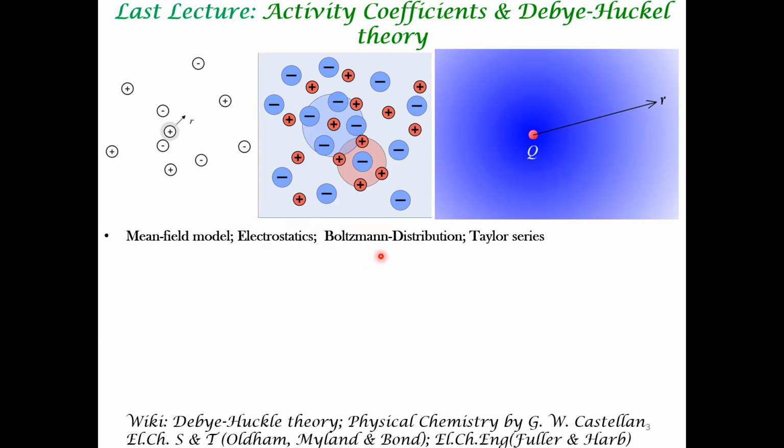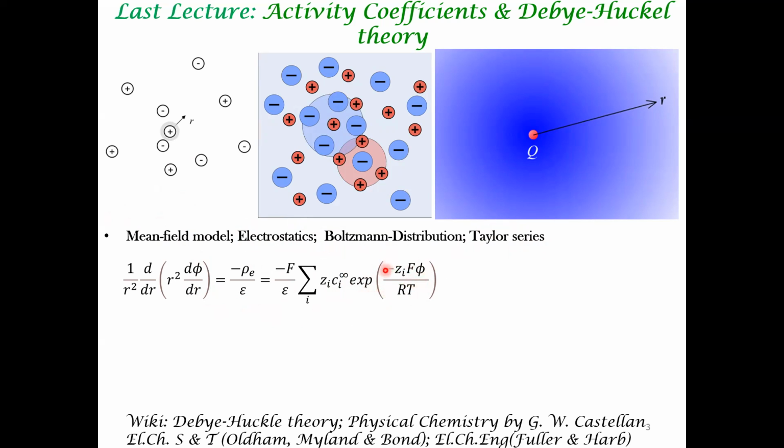And then to solve the problem analytically, we use a Taylor series. These are the central features that go into the formulation of the Debye-Hückel mean field model. Because of spherical symmetry, the Poisson equation can be written in the following manner. This way of distributing ions is called the Boltzmann distribution. Here, the essential statistical thermodynamics of a classical system is incorporated.